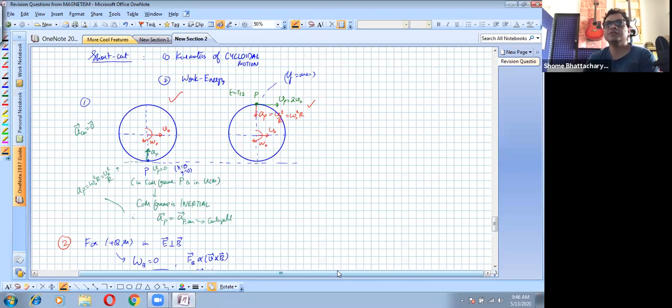Two things that we are using in the shortcut. One is the kinematics of cycloidal motion. And in that kinematics, we are making use of the comparison between this point and this point. At this point, velocity is 0, acceleration is v square by r upwards. At this point, velocity becomes maximum, which is actually 2 times vcm, but acceleration is now downwards, and same in magnitude.